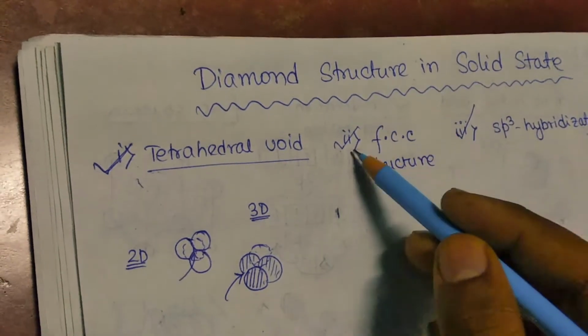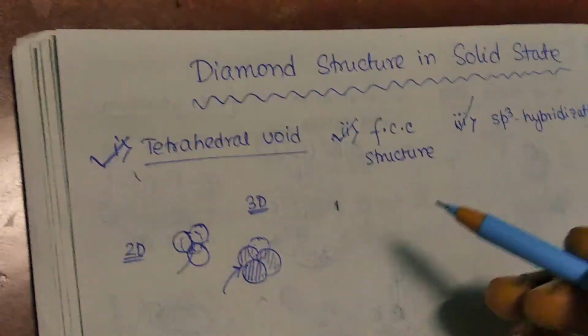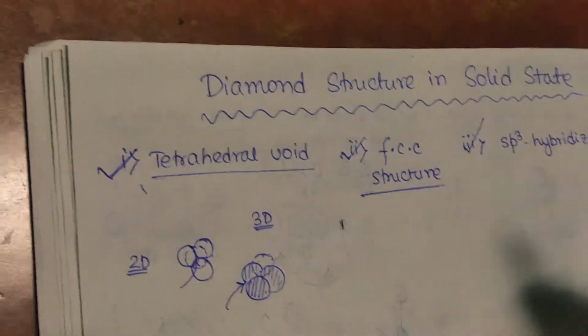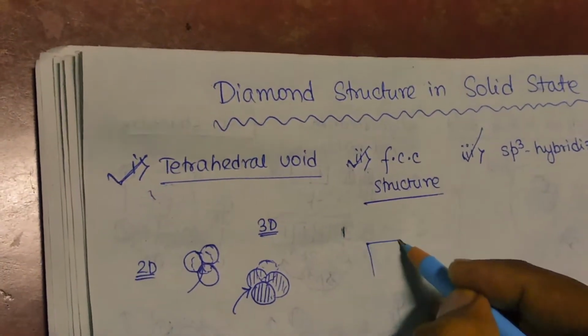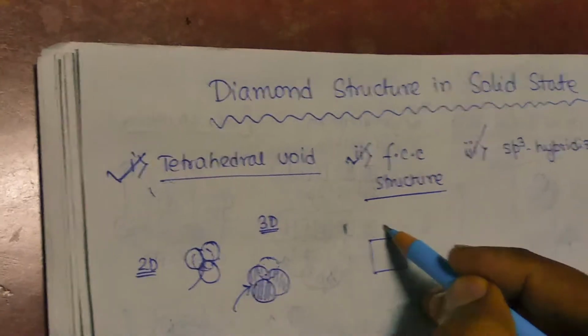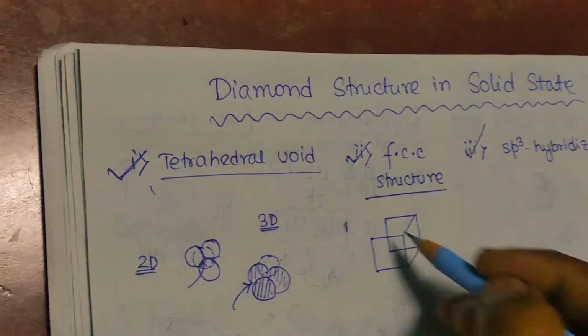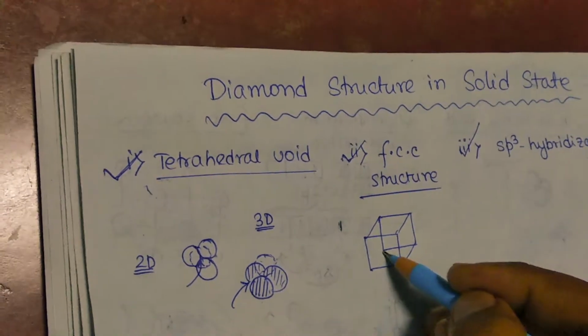Now the second step, the FCC structure. What is the FCC structure? FCC is simply the face centered cubic structure. Here I am going to draw a crystal, a simple cube.